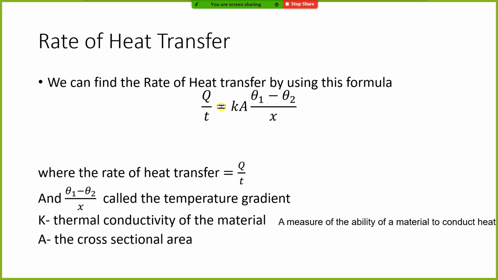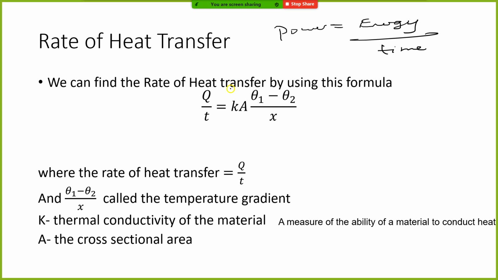Now, if we remember anything about power, power is equal to energy divided by time. So right now, because Q is energy and t is time, the rate of heat transfer is actually talking about the power, right?